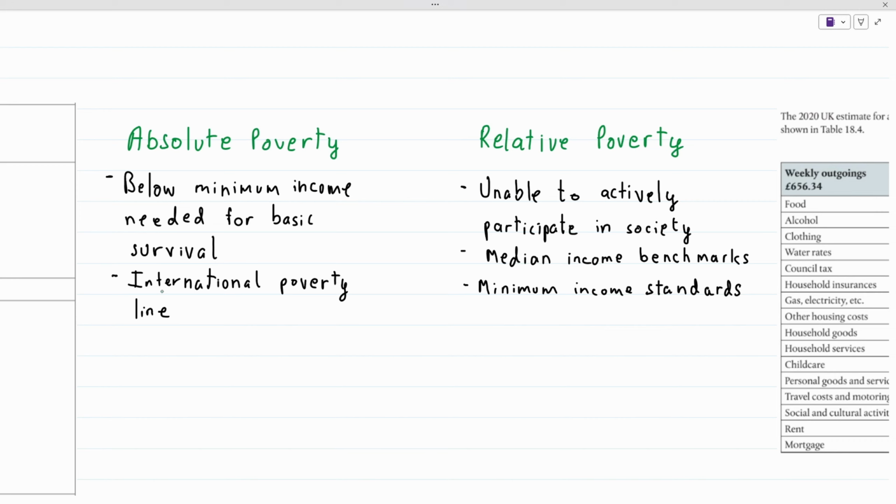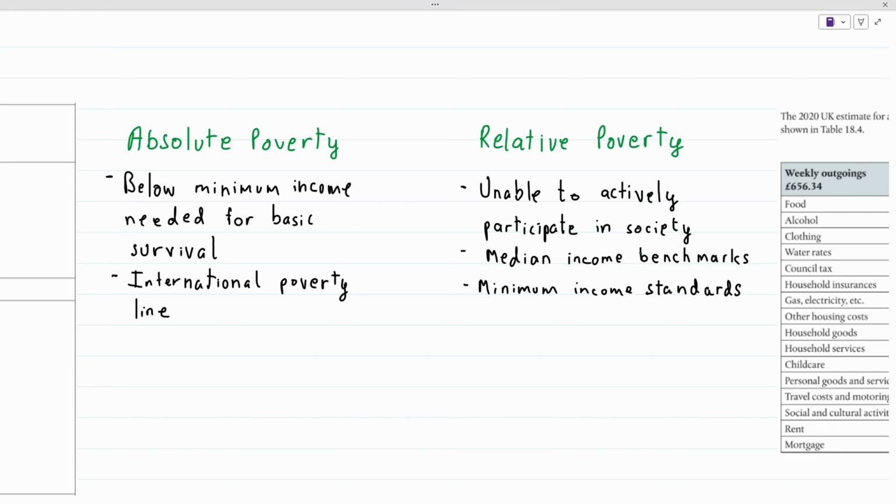It's just that one international poverty line, which is USD 1.9. However, here we have to take the context of the society into account. So, for example, if you're earning 10,000 USD in the USA, you would be considered deeply relatively poor, whereas if you're earning 10K USD maybe in a poor African country, then you would not be considered relatively poor.